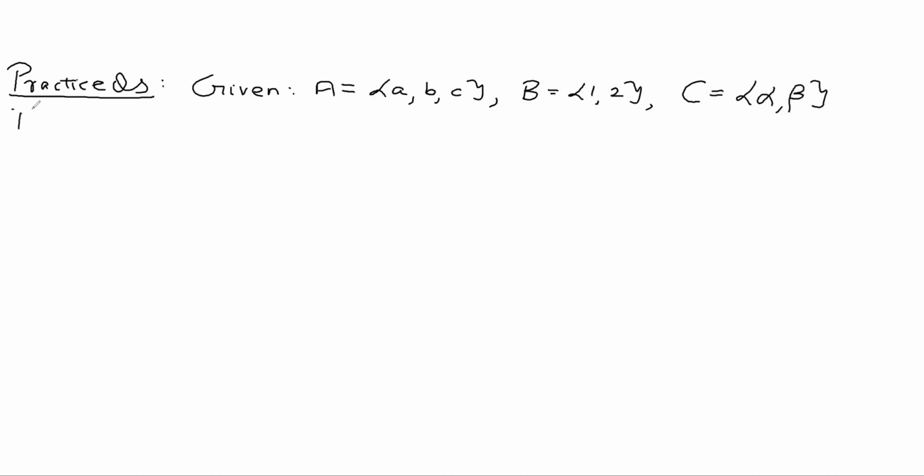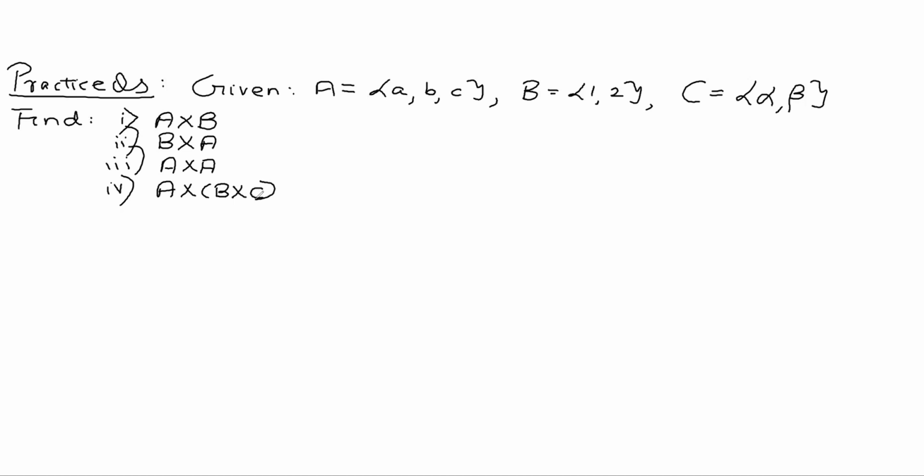The question asks us to find the Cartesian product A cross B, find B cross A, find A cross A. Then they ask us to find A cross B cross C. So let's find all of them one by one.